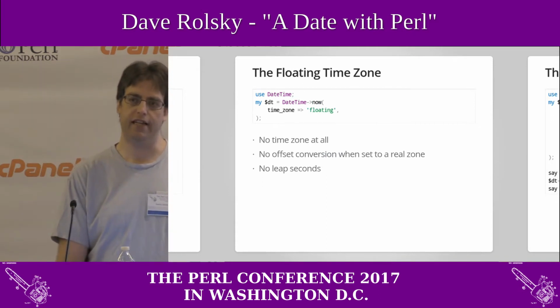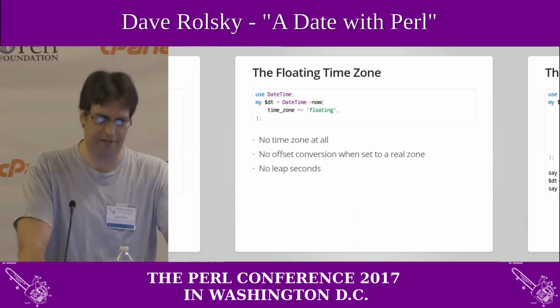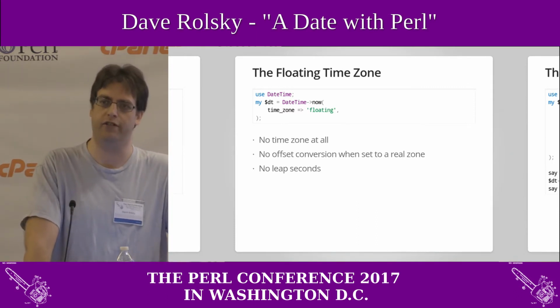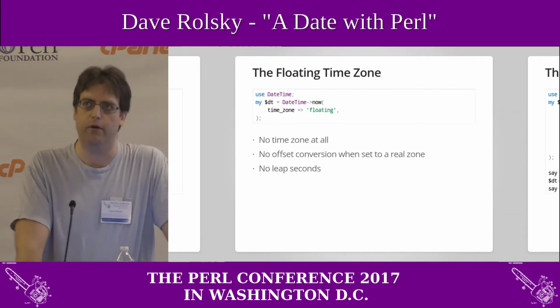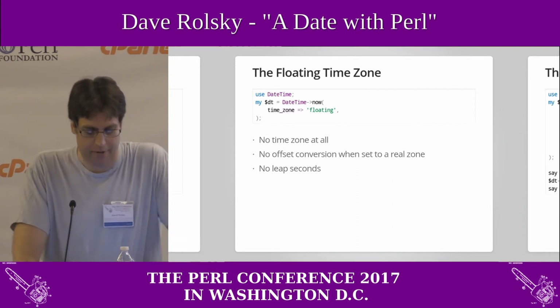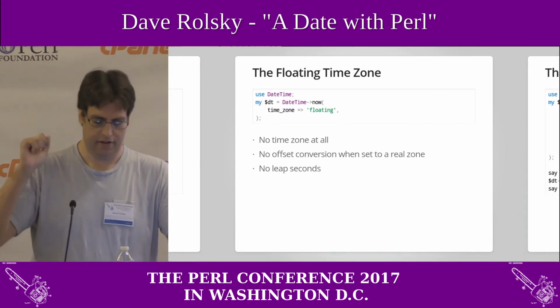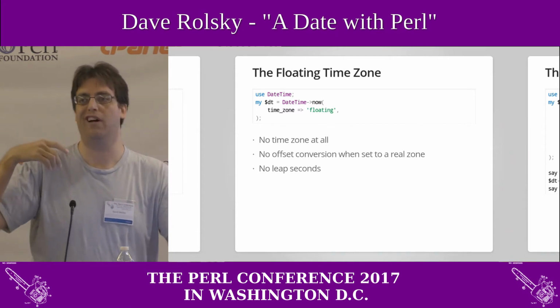So there's this thing that DateTime implements called the floating time zone. And basically, it's the absence of a time zone. It's very philosophical. It's kind of the mu answer. Is it mu or moo? I don't know. Anyway, with the floating time zone, you effectively are saying, I don't have a time zone, I don't know, or I don't care.